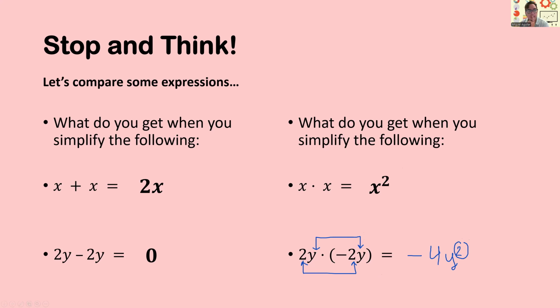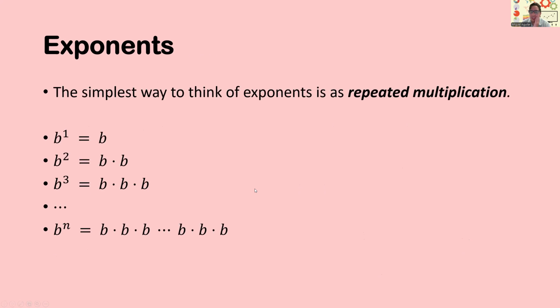Okay. So, we've talked about a lot of things here, and it's really just to jog your memory about some of these ideas from grade school. For instance, for exponents, we should understand that an exponent is just a way of writing repeated multiplication. So if I had b to the 1 power, the exponent is telling me that I have only a single copy of b.